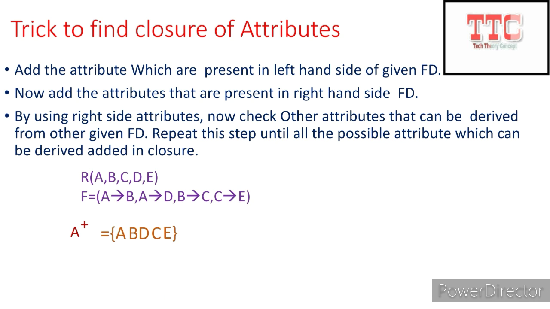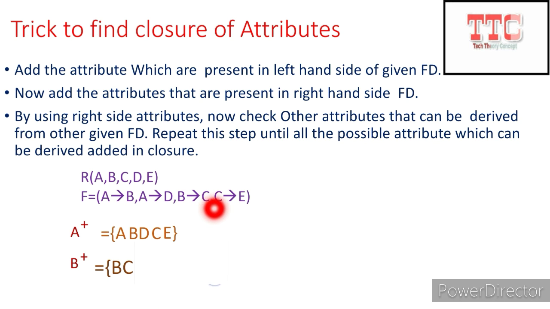Now if you want to find the closure of B, how can you find it? First we will add the attribute B in the closure. Now which functional dependency starts from B? Here we can say that B determines C. So next we will add C in the closure.